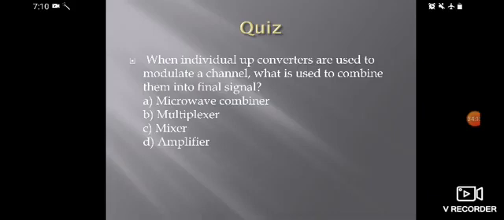When individual up converters are used to modulate a channel, what is going to be used to combine them into the final signal? So what is going to be the option? Please note this question.